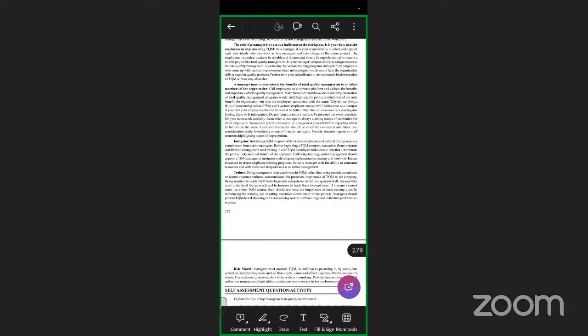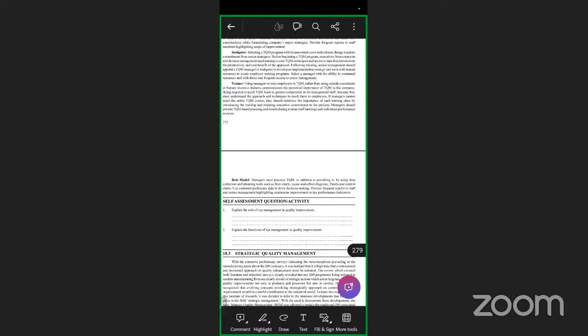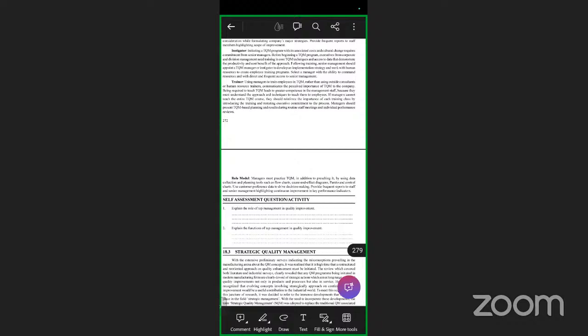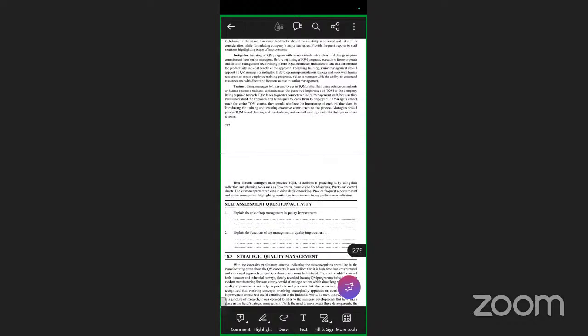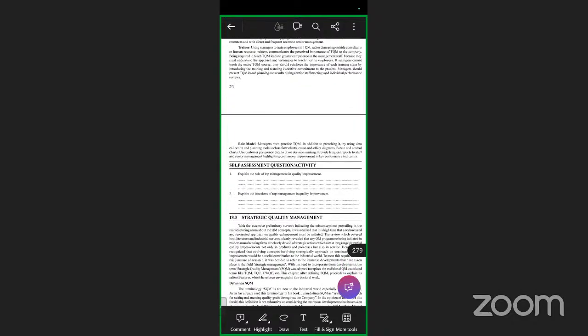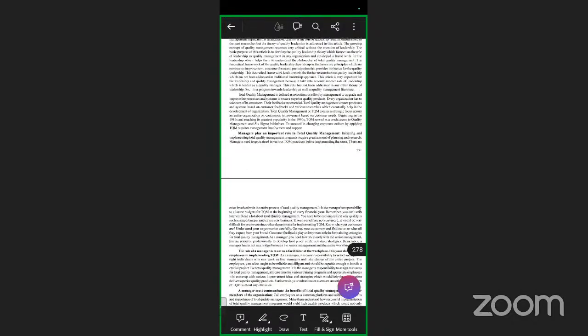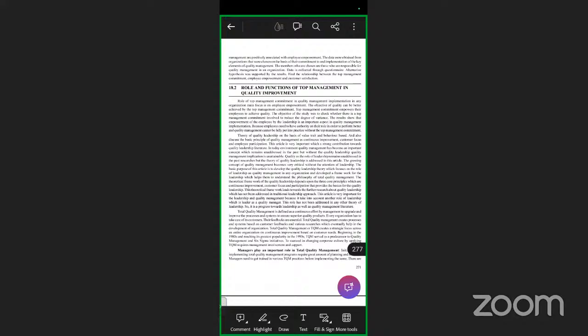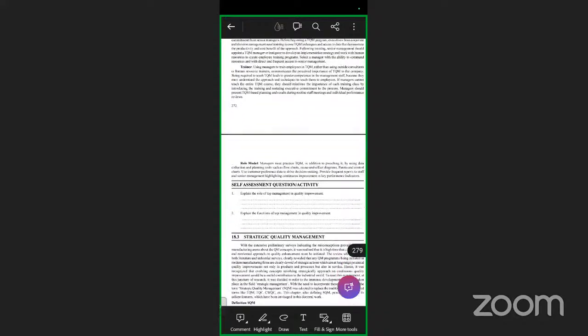Next, an integrator and a trainer should be there. Using managers, train the employees, train the trainers of the employees, and role modeling also comes from the management. These are the role and functions of top level management in implementing TQM.